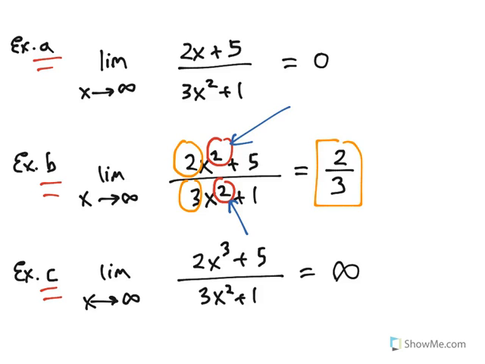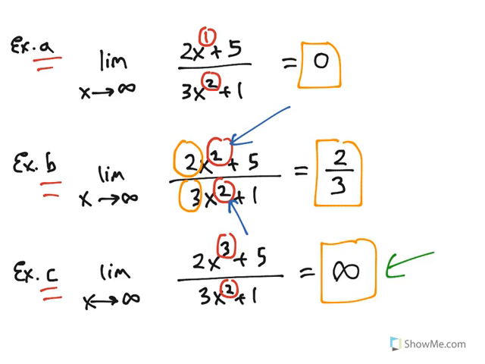On the other hand, if the degree of the numerator is less than the degree of the denominator, then the limit of the rational function at infinity would be equal to 0. And finally, if the degree of the numerator is greater than the degree of the denominator, then the limit of the rational function at infinity would be infinity.